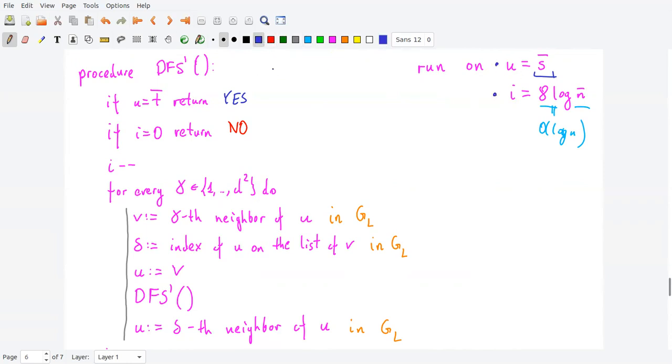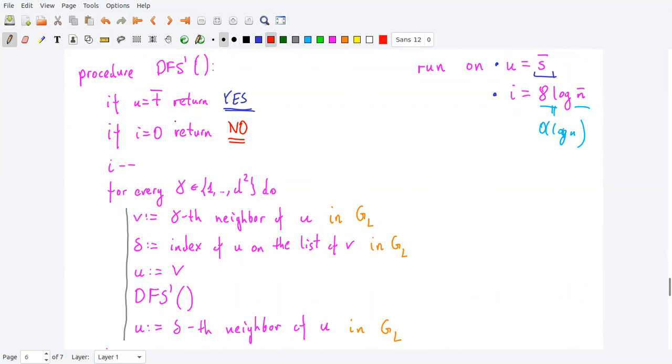If we are already in the target, or in the cloud of the target rather, then we return yes. We kill the whole procedure and say yes, we have found the path. And we return no, we have not found a path in this branch, if the parameter I, the depth of the recursion allowed, already dropped to 0.